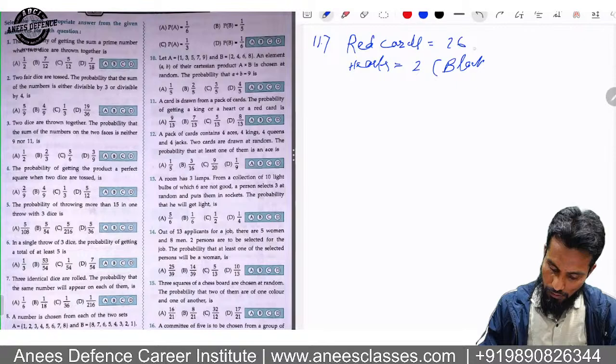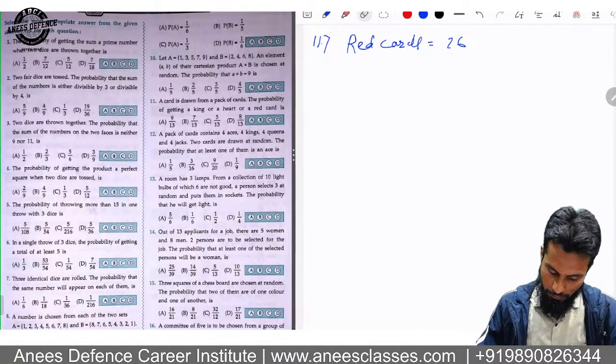Right, there is no black card for heart. Fine, you're right. I thought it was for spade or club. But king is there. You will get 2 more kings from there. So when "or" is there, you can add both of them.